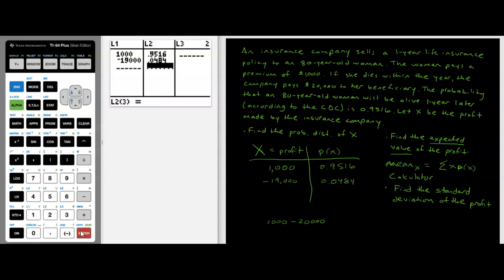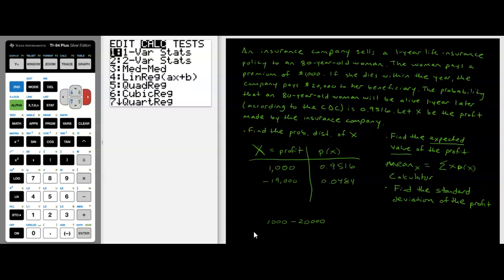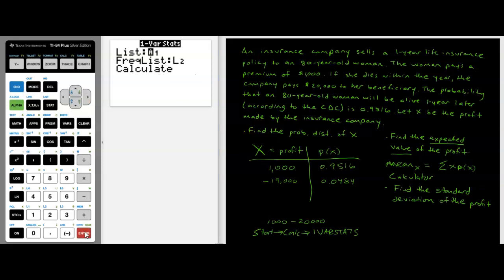And I have put my calculator back into the Stat Wizards mode. So if I press Stat Calc, this is what we did earlier, where we go to one of our stats, and you're going to see I'm prompted for the frequency list and all of those things.